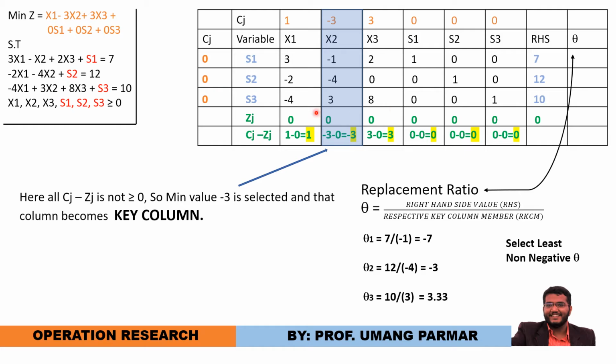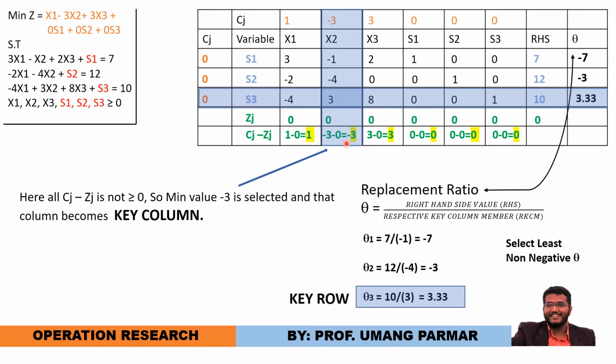So our third row becomes the key row. We write down that our key row is the third row, and these theta values are mentioned here, minus 7, minus 3 and 3.33, and we highlight the third row as our key row. This is our key row, the row of S3.